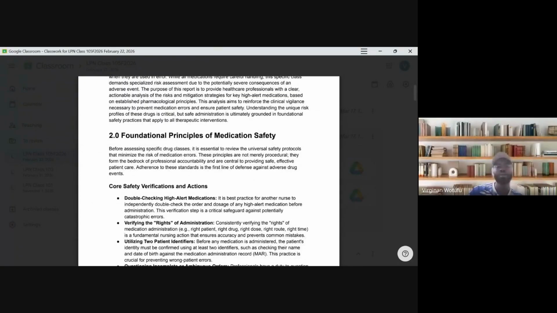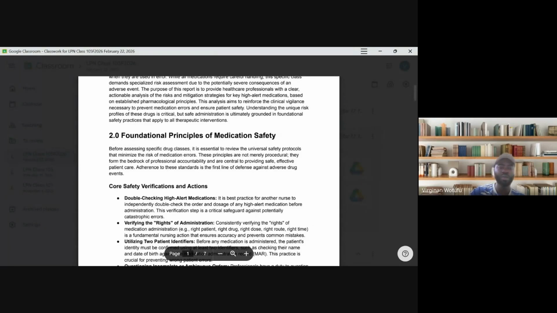We said already that when administering high alert medications, you double check. Double check high alert medications independently with another nurse before administration. Another key safety precaution is you always adhere to the rights of medication administration.